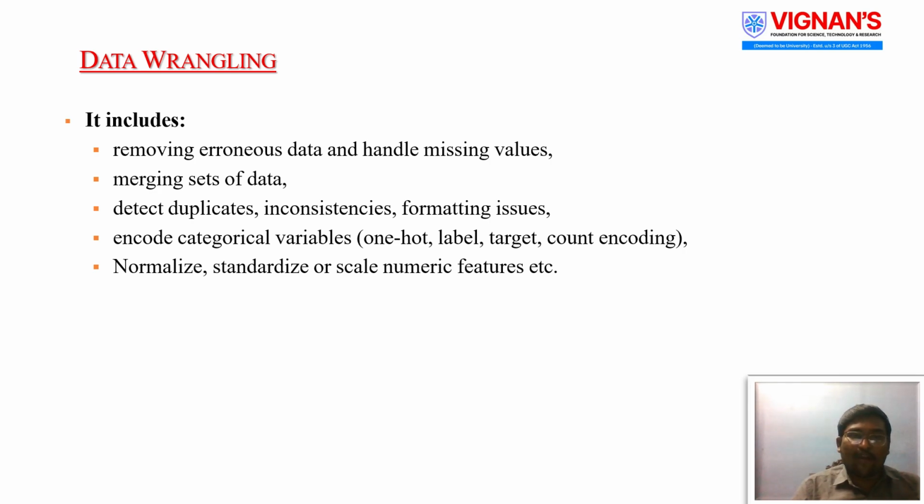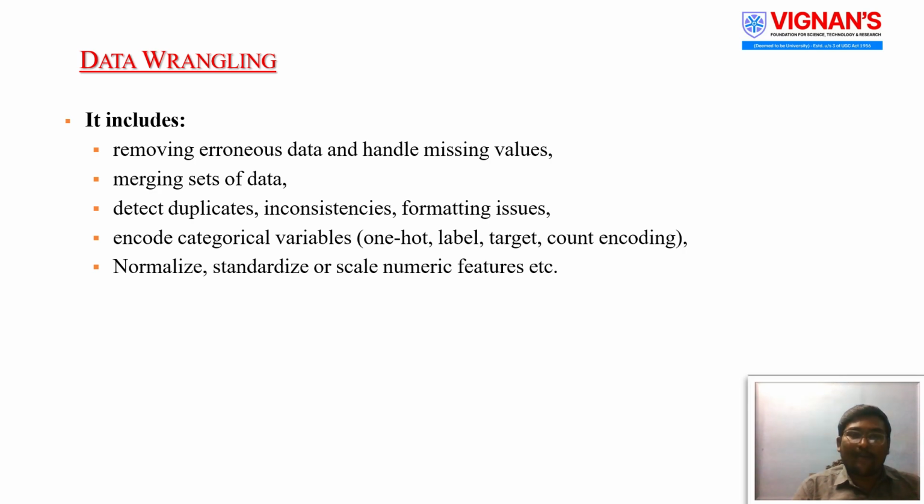So we have to take some actions: removing error data and handling missing values. The next is merging sets of data assets, and then detecting duplicates, inconsistencies, and formatting issues where the data has them, and encoding categorical data using techniques like one hot encoding, label encoding, target encoding, and count encoding.